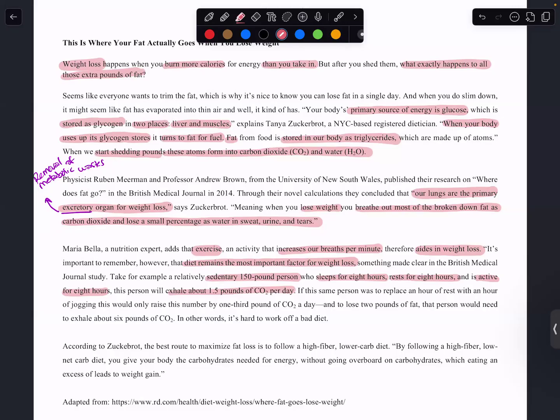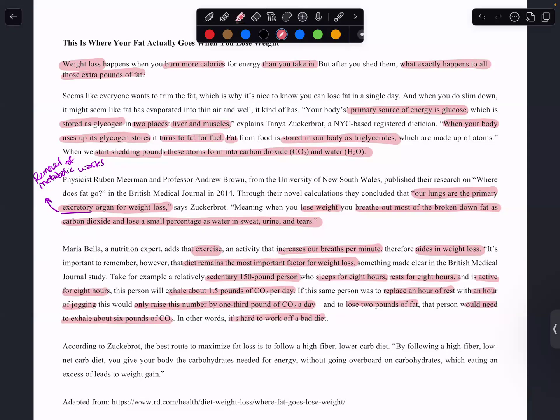If this person was to replace an hour of rest with an hour of jogging, this would only raise this number by 1/3 of a pound per day. And to lose 2 pounds of fat, that person would need to exhale about 6 pounds of CO2. In other words, it's hard to work off a bad diet.